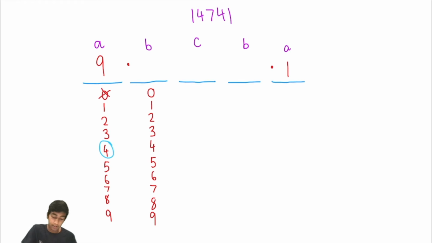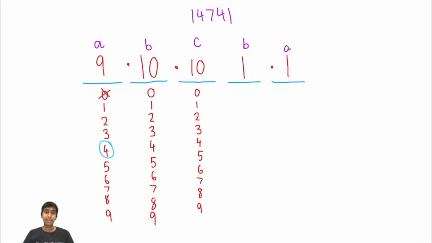So there's 10 choices this time. It can be a 0 because it's not the first digit. And what about the fourth digit? The fourth digit will only have one choice. Why? Because it has to be the same as the second digit. Now what about the third digit? The third digit can be anything from 0 to 9 again. So again, 10 choices. So overall, there's just 9 times 10 times 10 choices equals 900.